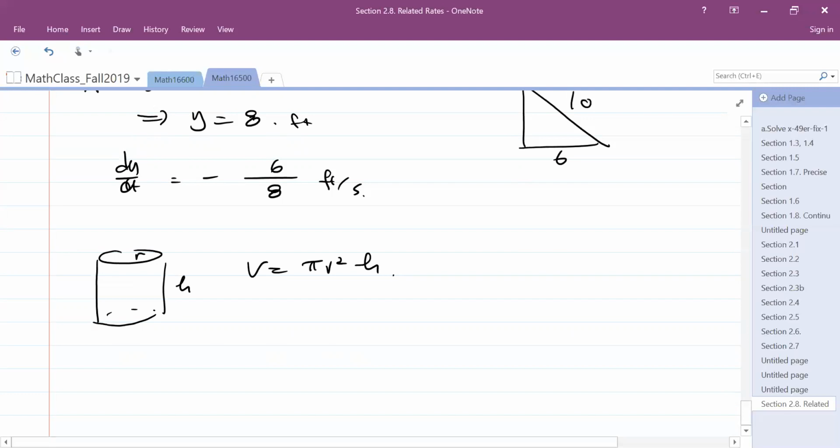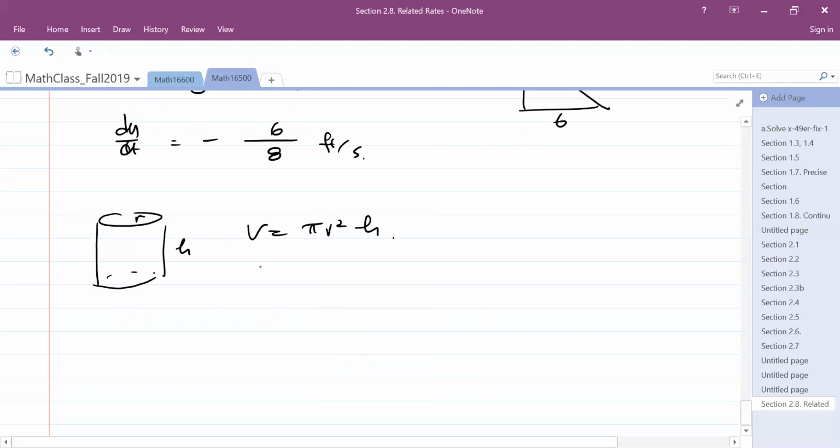And for the surface area, you have the top part and bottom part: pi r squared plus pi r squared, one from the top, one from the bottom. And then the side.